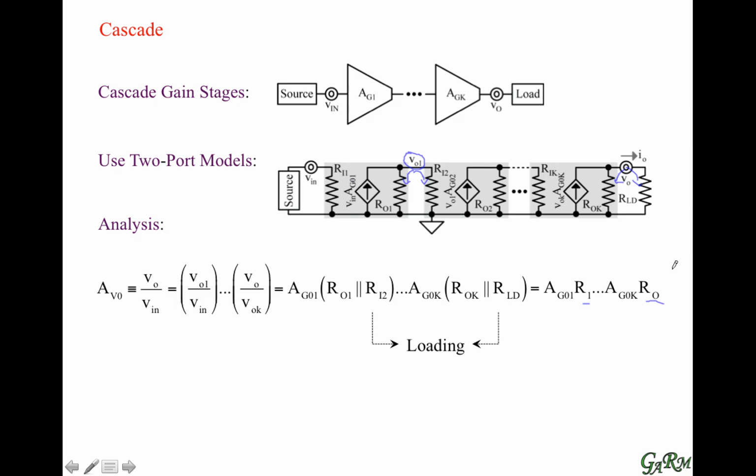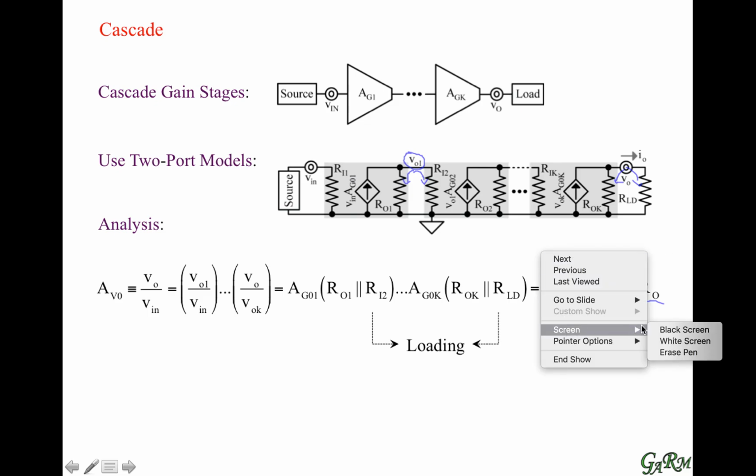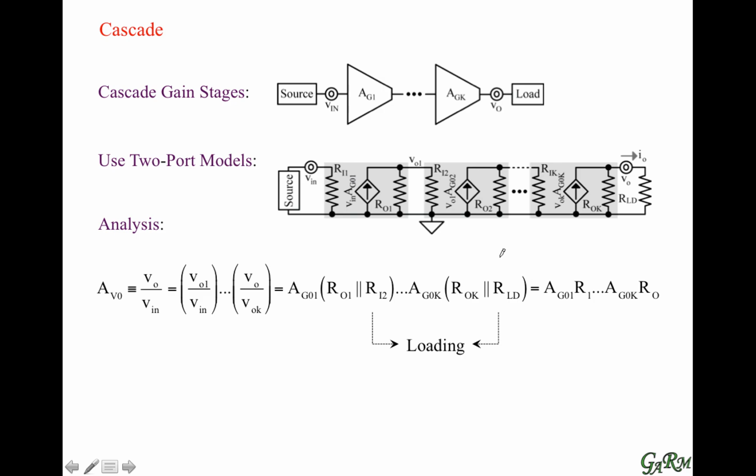But we can also get other gains. If instead of the voltage gain like we have here, we can also get the transconductance gain, the small signal translation from the input voltage to the output current. In this case, it's the input voltage all the way on the left, but we're interested in the output current, the current that feeds the load resistance.